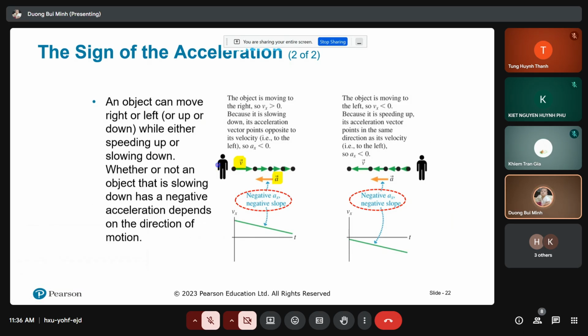And then when you observe, you know, Vx reduce gradually. So why Vx reduce gradually? Because A is opposite to the direction of V. Okay, so V accelerated is like this.